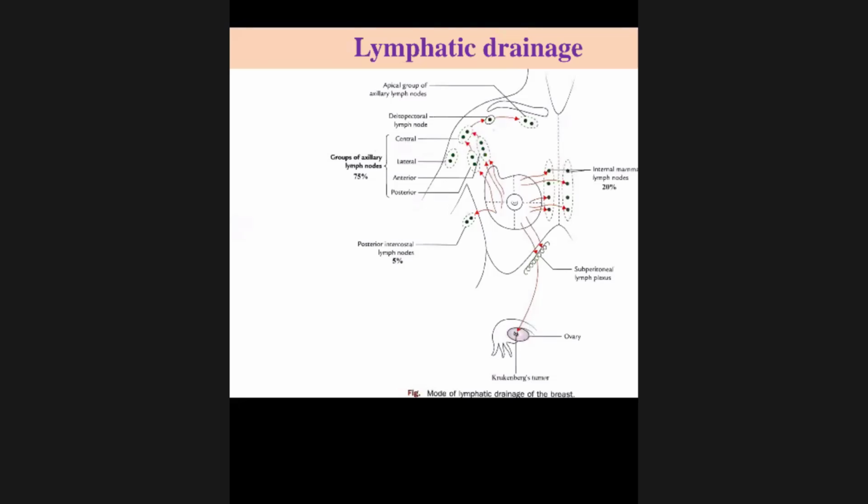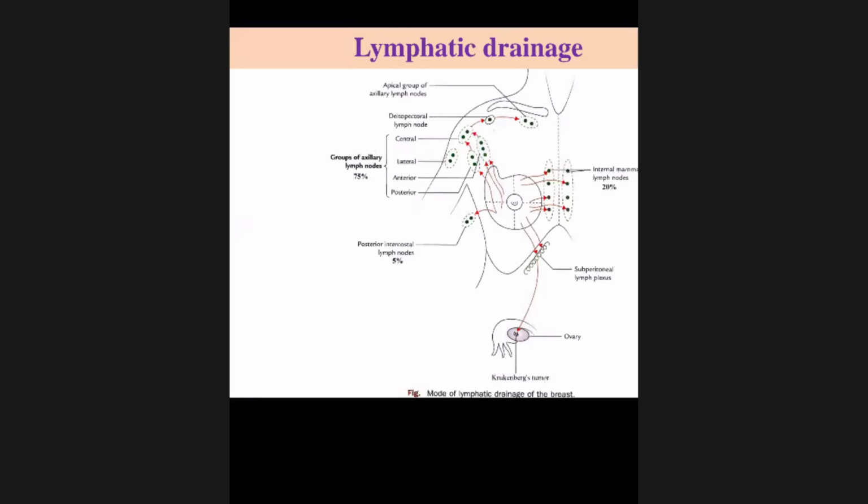Lymph nodes are always present in clusters or in groups. That's why they are always called lymph nodes. They are not present singly. There are only one or very few exceptions in the body where a lymph node is present singly, but mostly they are present in groups.